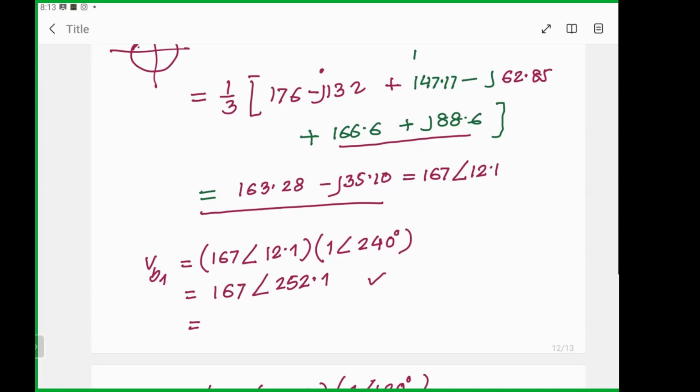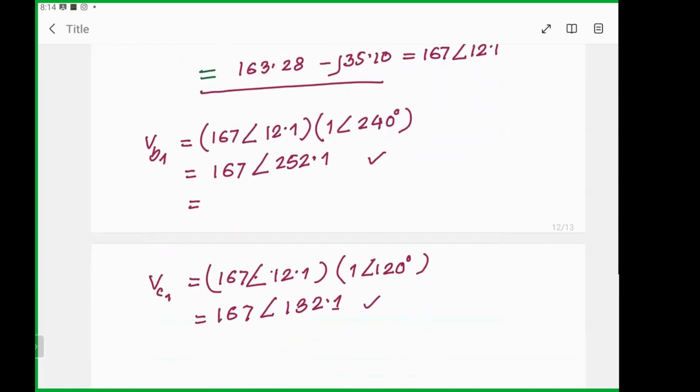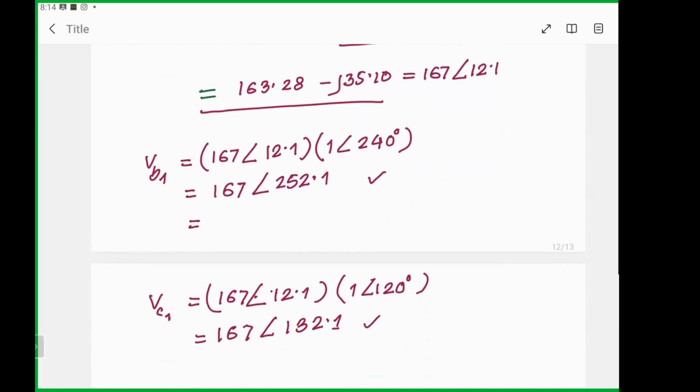That's fine. I think you can check the calculation, because if you cannot use the polar to rectangular, then we can use a simple trigonometrical equation. So this is 163.28 and this one is actually negative.